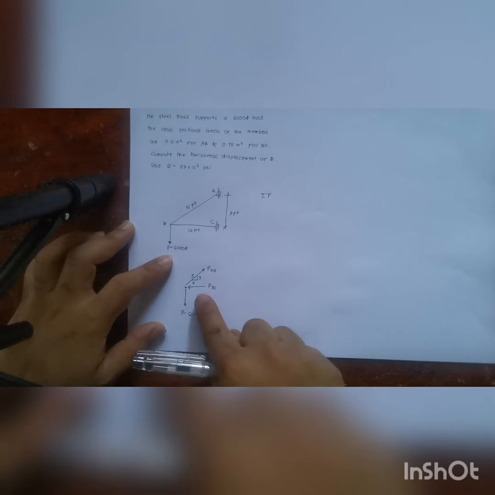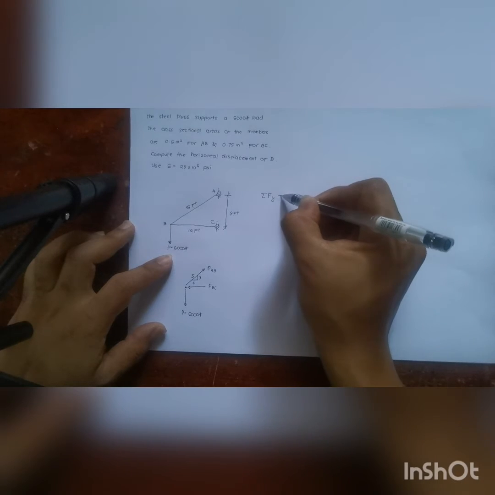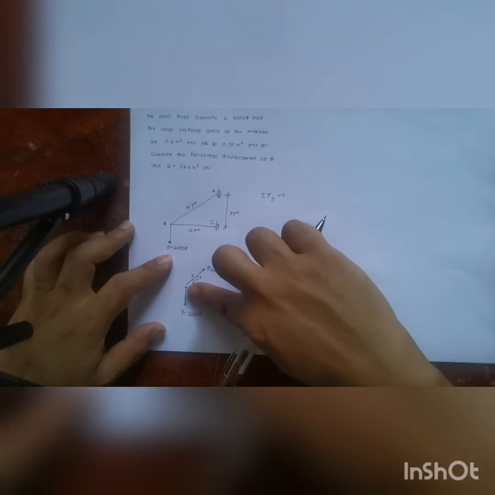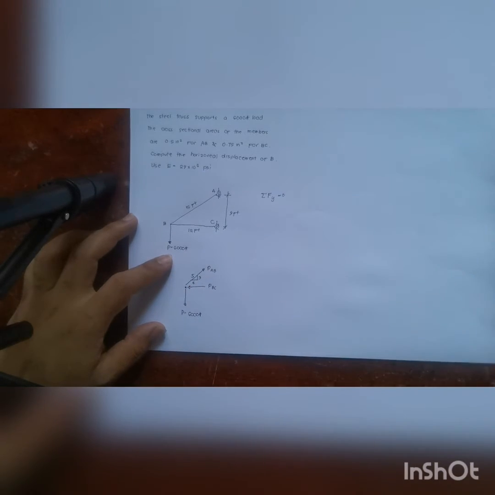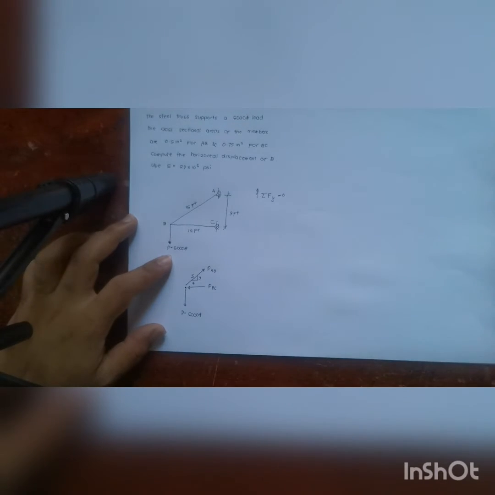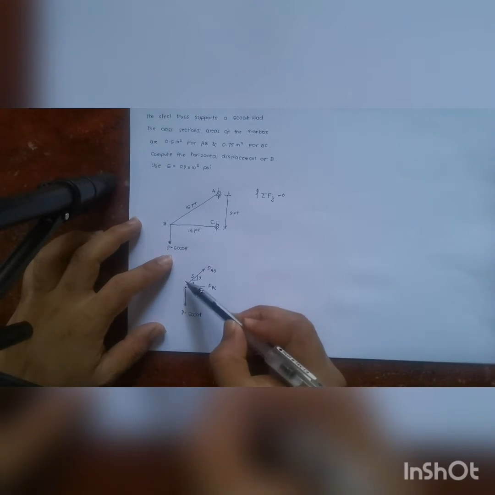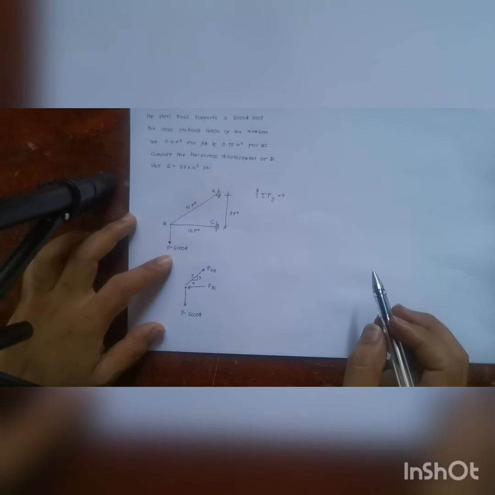So, para ma-eliminate po natin yung member BC, horizontal yon, magsa-summation of forces tayo muna kay vertical axis para hindi natin maisali yung ating unknown na isa, which is member BC. So, taking upward forces are positive. Yung component ni member AB, vertical component, ay pataas. So, that is positive force.